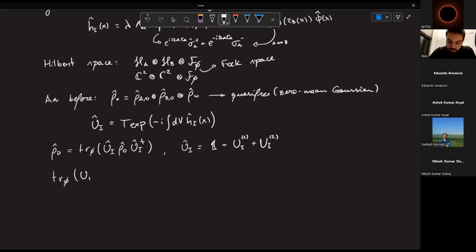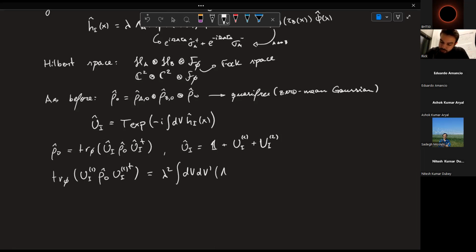So say that we wanted to compute the term which is the first order term with the rho 0, and then the first order term dagger, okay? Which is one of the terms that was important yesterday and would also be important in this case. So this would be lambda squared. Then we would have the integral dV prime, basically because you're hitting the rho zero from both sides with the interaction Hamiltonian density.